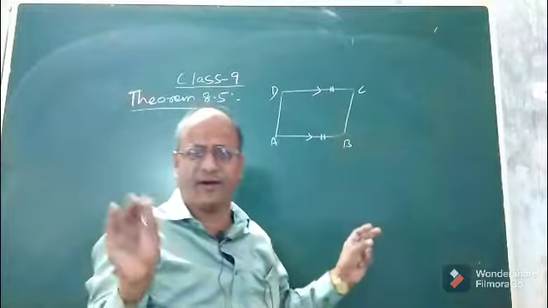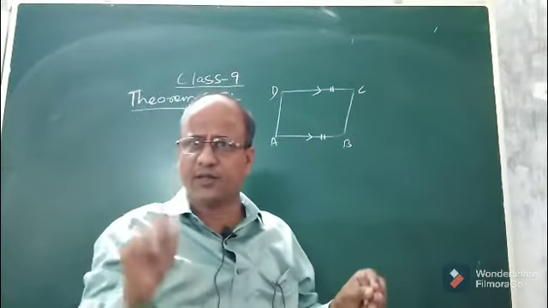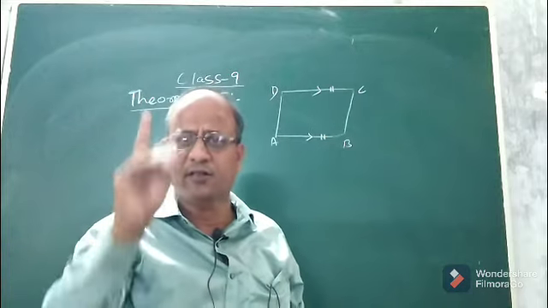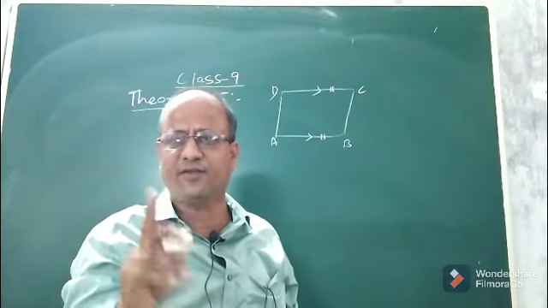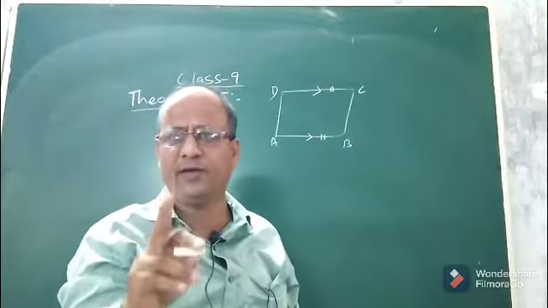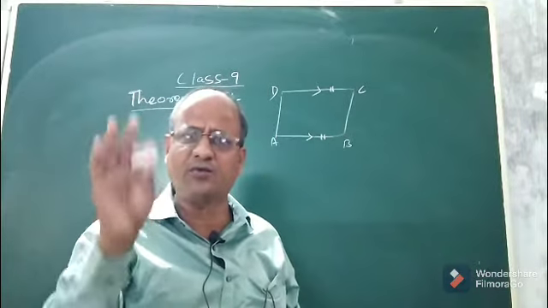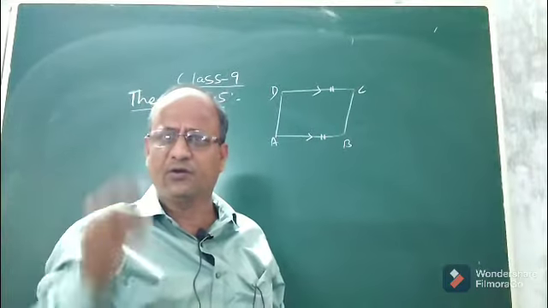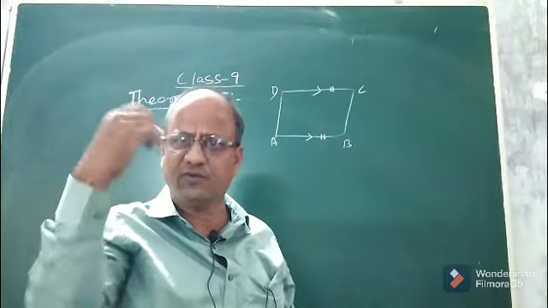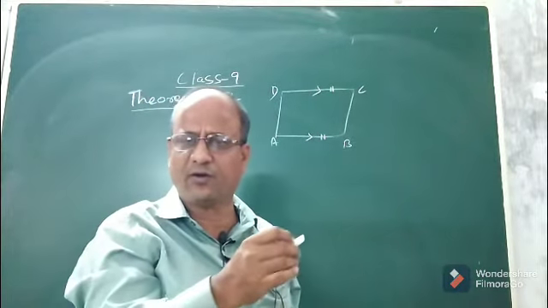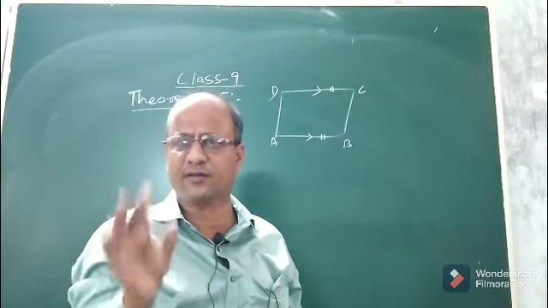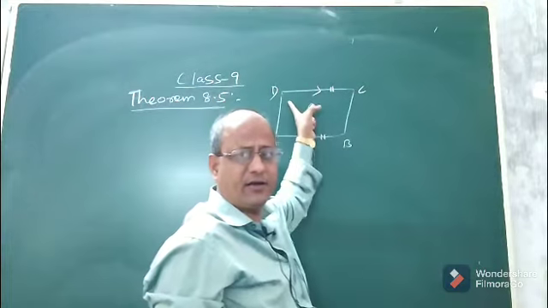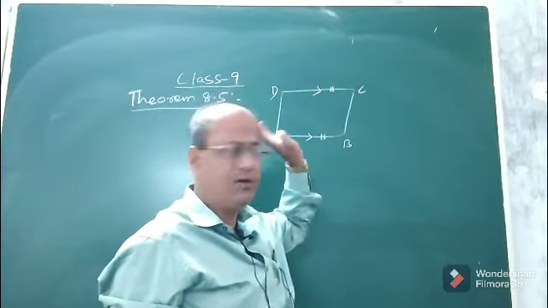Children, this thing we have never read. The different conditions for a quadrilateral to become a parallelogram we have already discussed. The main sufficient condition is that both pairs of opposite sides should be parallel. Then the other conditions: if opposite angles, both pairs, angle A equals angle C and angle B equals angle D, then also it will be a parallelogram.